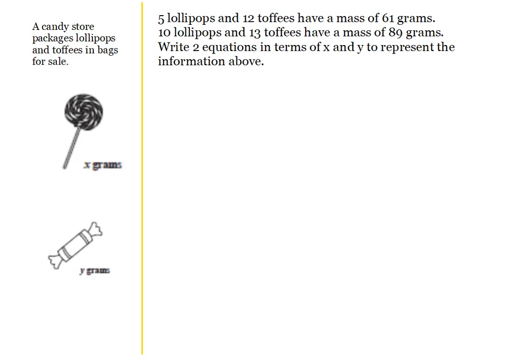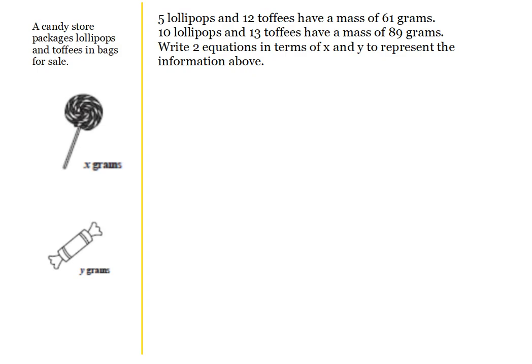They don't know what the mass is exactly, so it's unknown, labeled x. And they also have toffees, and its mass is y grams. Again, something that's not known, so it's labeled with a variable. But the scenario is going to be based on these two items and their masses.